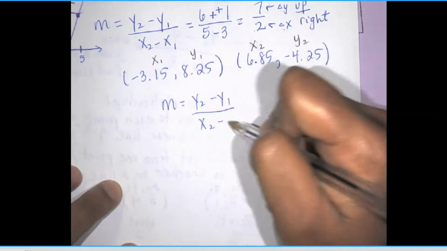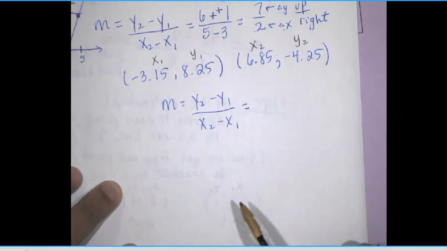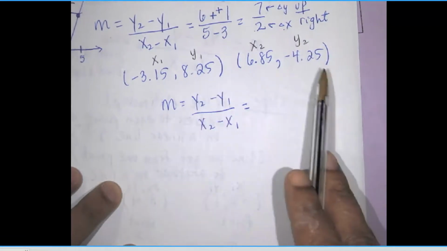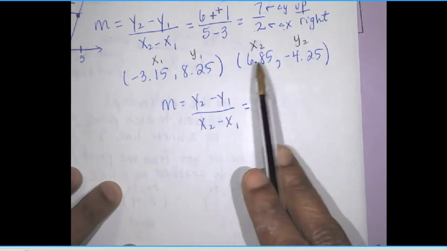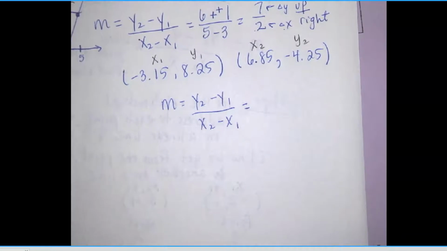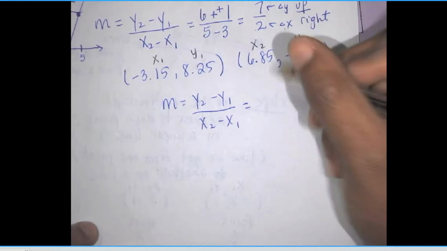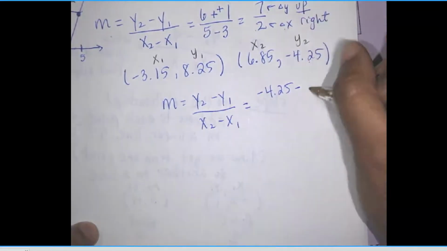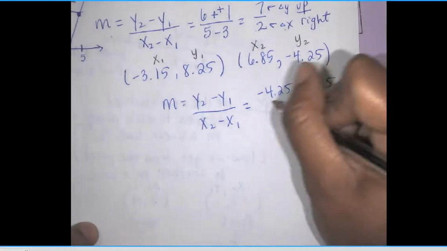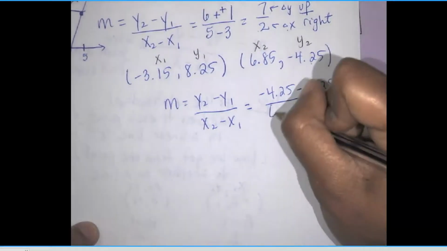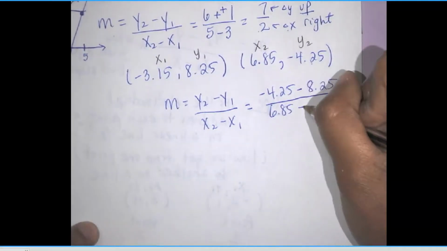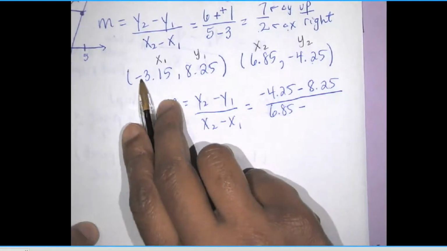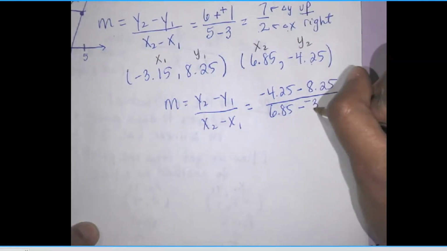All right, so for this one, you have to be very careful because you have decimal numbers, right? And again, when we're doing addition and subtraction, we have to line up our decimals and be careful with our arithmetic. So y2 is -4 and 2500ths minus y1 is 8 and 2500ths. x2 is 6 and 8500ths minus, because x1's negative, 3 and 1500.